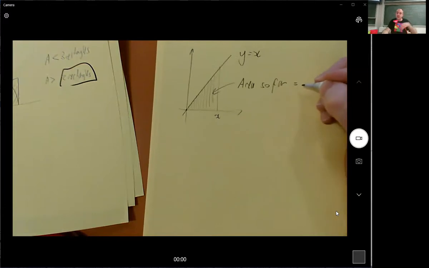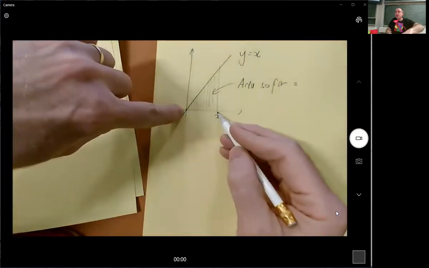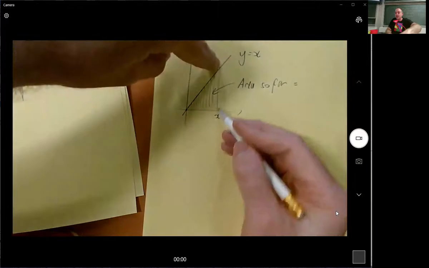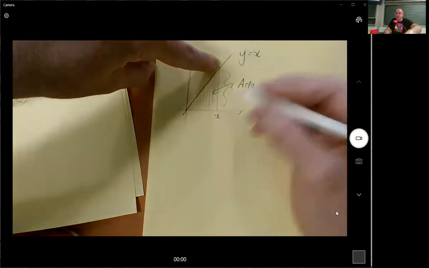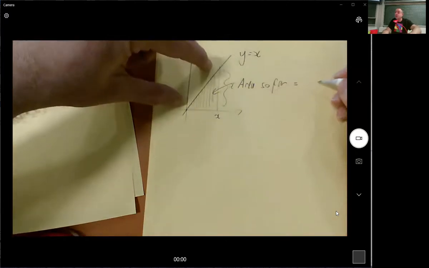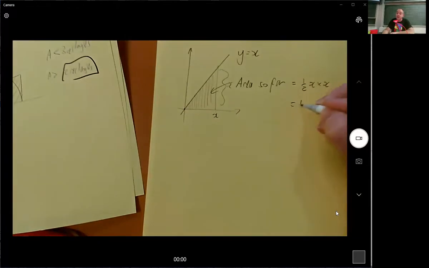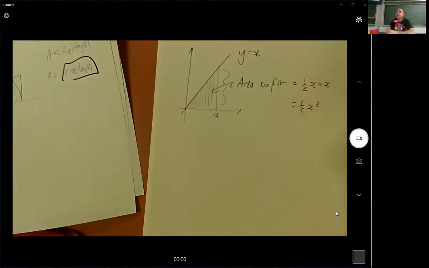Then that area so far is x wide, and since y equals x, it's also x high. And it's a triangle, so it must be a half times the base times the height, which is a half of x squared. So the function of the area so far is half of x squared.